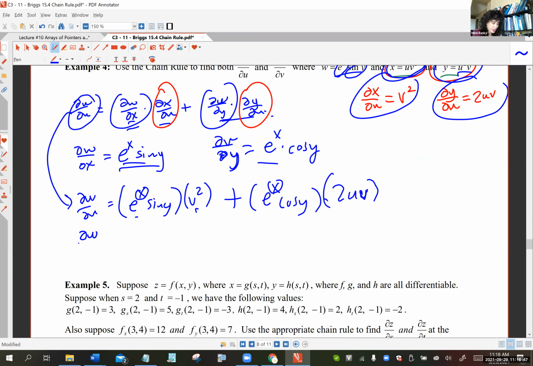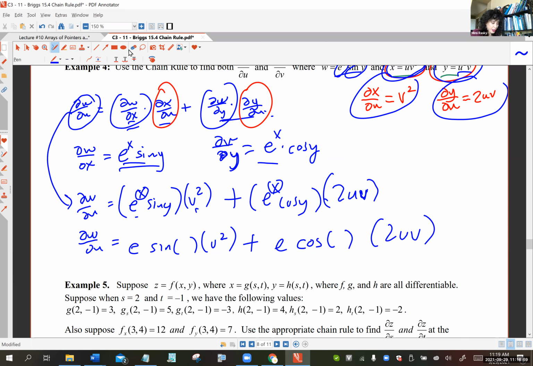So when I finish this up to make it look the way it's supposed to, and I'm kind of purposely doing some stuff here, I'll use a different color. So you're going to go e to the x, but x is uv squared, and sine of y, but y is u squared v.